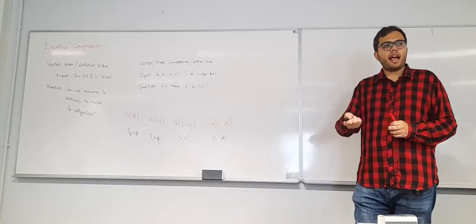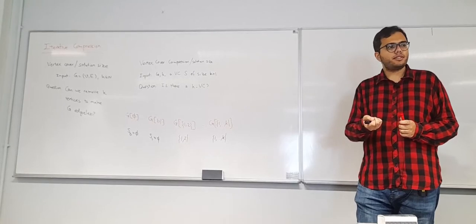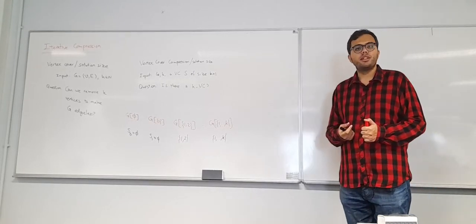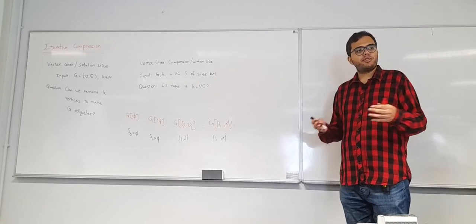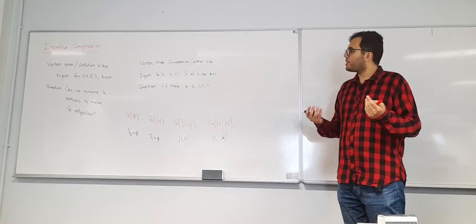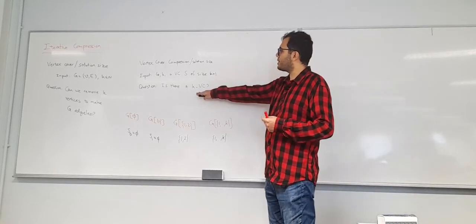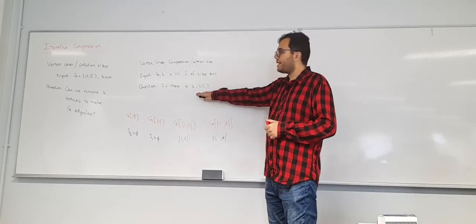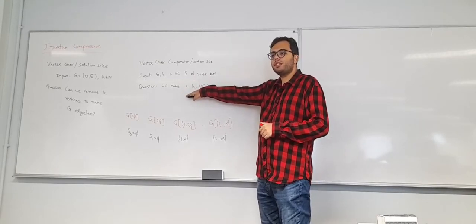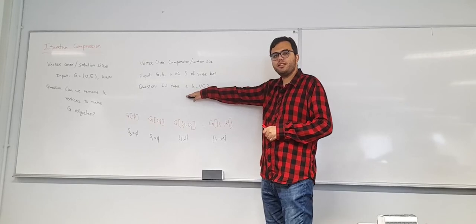Now what happens from this point onwards? Every time that I add a new vertex, I can just add it also to the solution. But my solution used to have size k before, so now it might have size k plus 1. But I can always just ask for this compression problem. And let's just assume that it doesn't only answer this question, it also gives me the result as well, right?